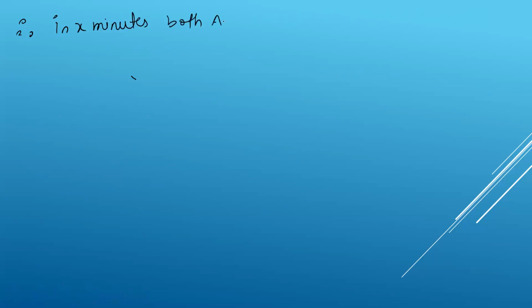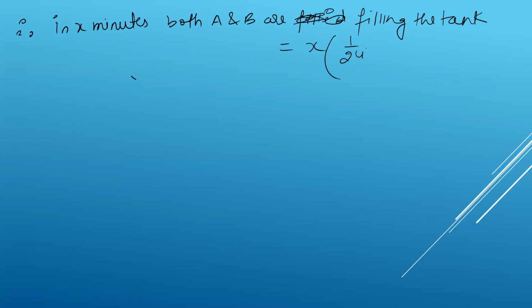Now, in X minutes, both A and B are filling the tank. The tank filled is X into (1 by 24 plus 1 by 32). Why did I write this? Because for X minutes both pipes were running.